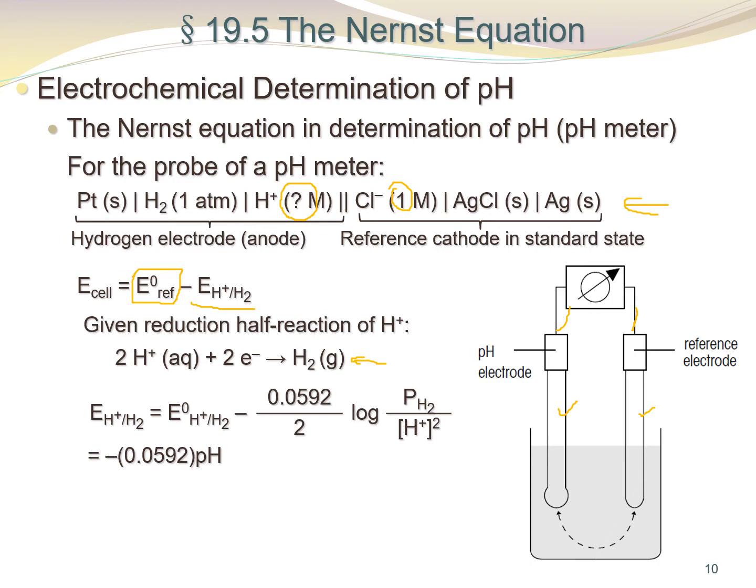So if we use the Nernst equation for the potential of the hydrogen electrode, this is the standard state minus 0.0592 divided by 2, with 2 being the moles of electrons right here, times the log of the partial pressure of hydrogen divided by the square of the concentration of hydrogen ion. If we consider the partial pressure of hydrogen as 1 atm, as we put it in here, we make the hydrogen 1 atm.